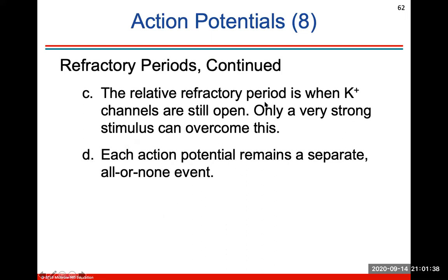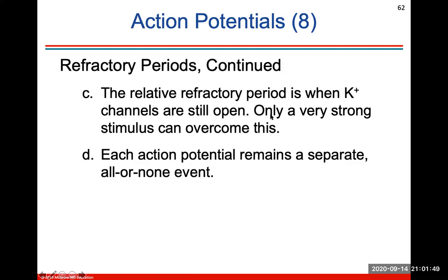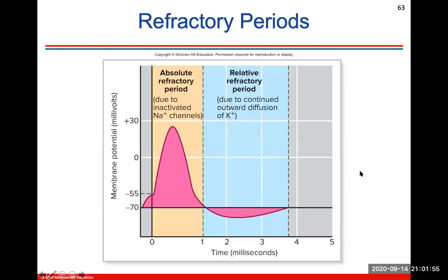And the relative refractory period is when potassium channels are still open. So we have an absolute refractory period, which occurs when sodium channels are inactive, and a relative refractory period, which is when potassium channels are still open, but only a strong stimulus can overcome that. So this shows the absolute refractory and relative refractory period.